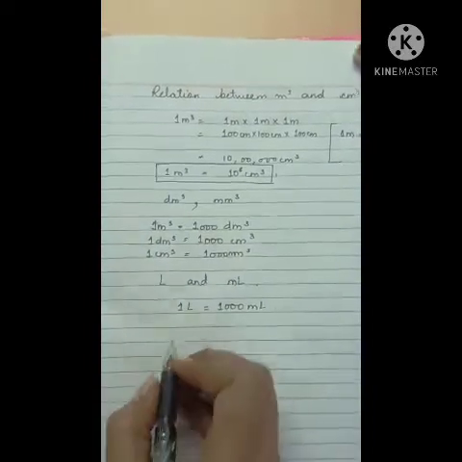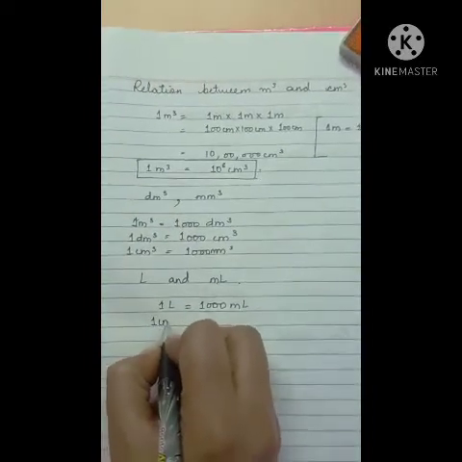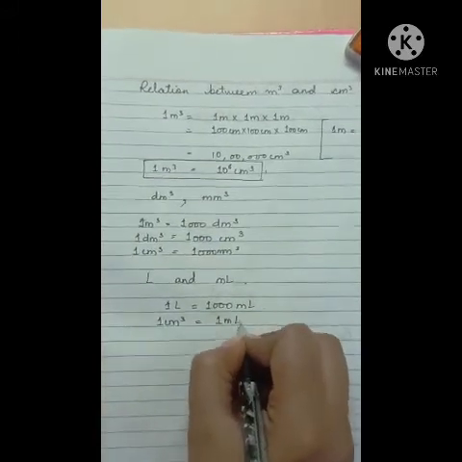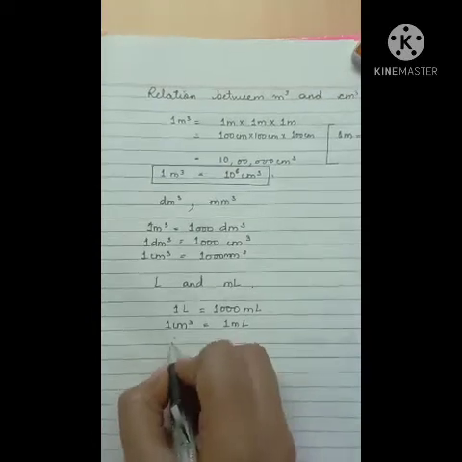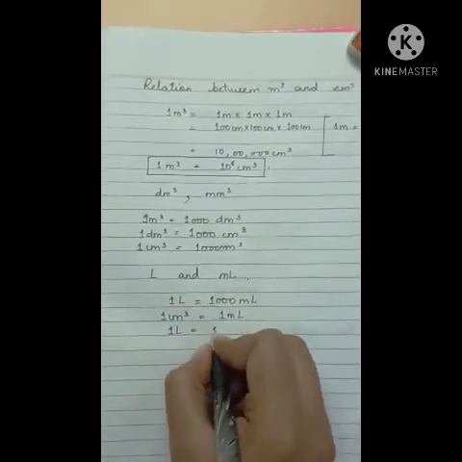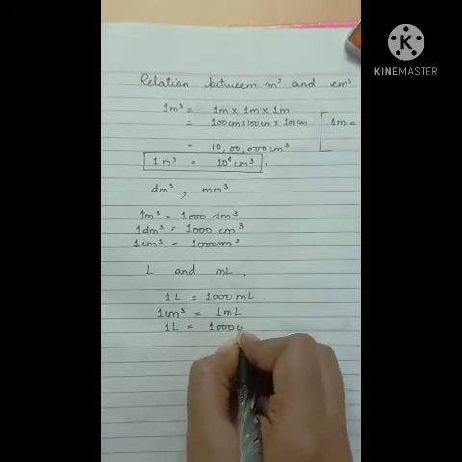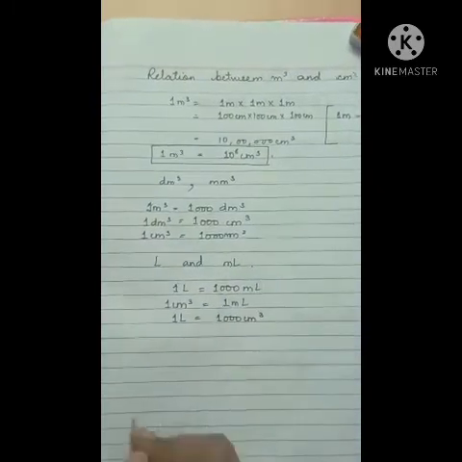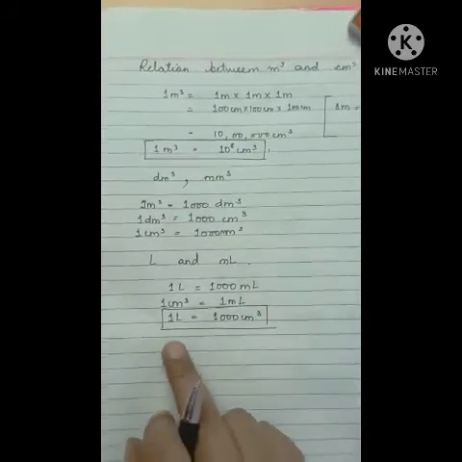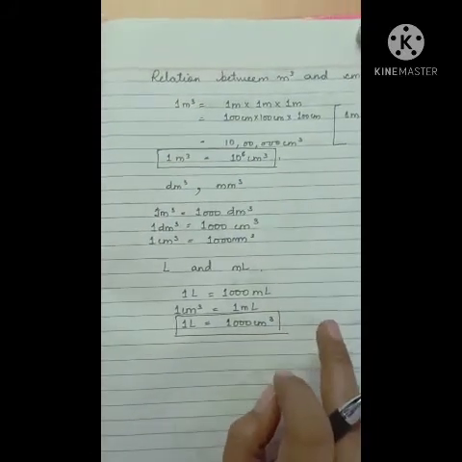Also remember 1 centimeter cube is equal to 1 milliliter. So from this you can conclude that 1 liter is equal to 1000 centimeter cube. This is the relation between liter and centimeter cube.